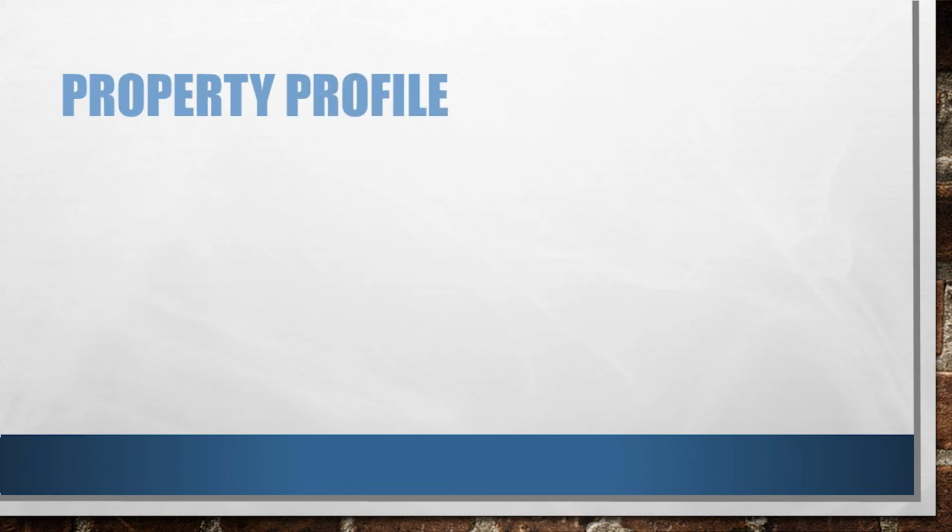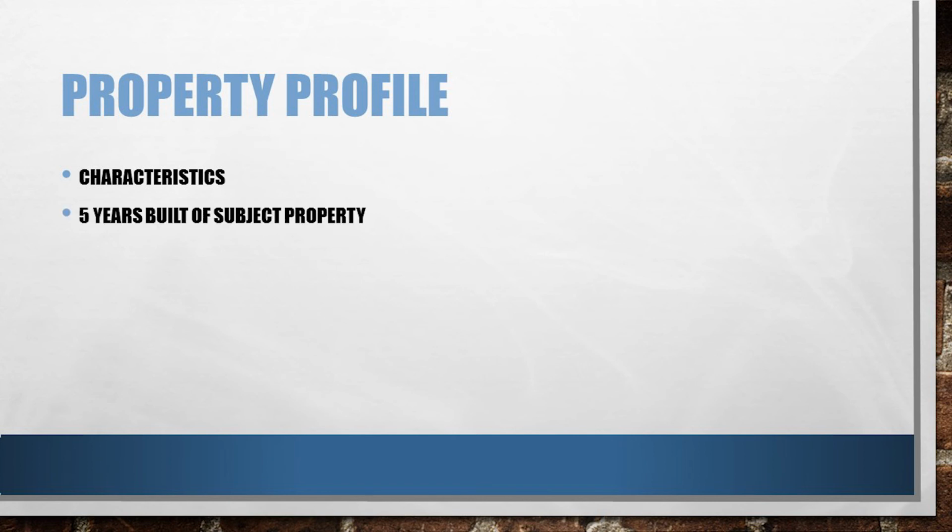So I'm going to pull up the property profile, and I'm going to look for characteristics and make sure that they're the same thing. Then I'm going to look for properties built within 5 years of the subject property. So if I have a house that was built in 2003, then I'll go 5 years before or 5 years after, so 1998 to 2008.